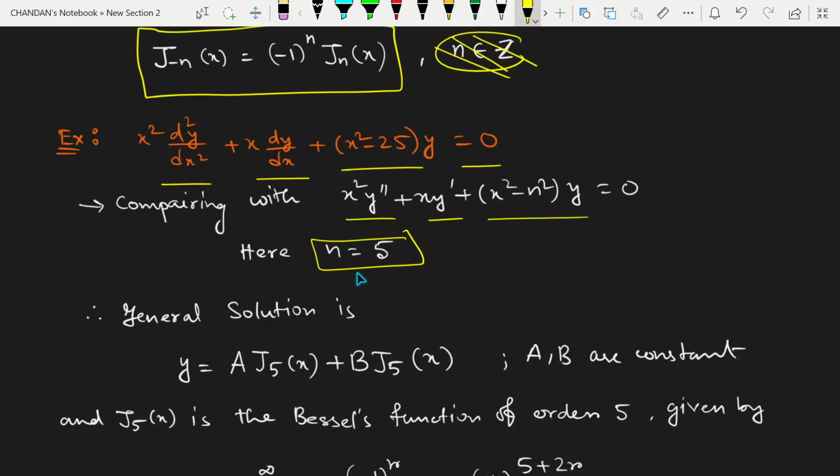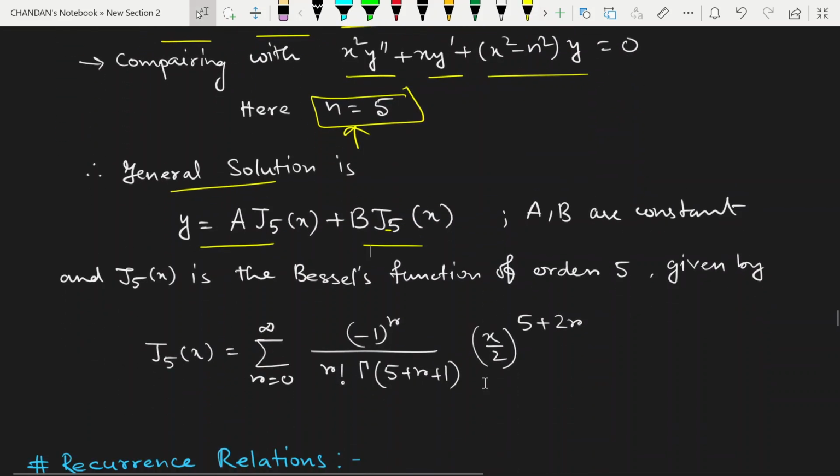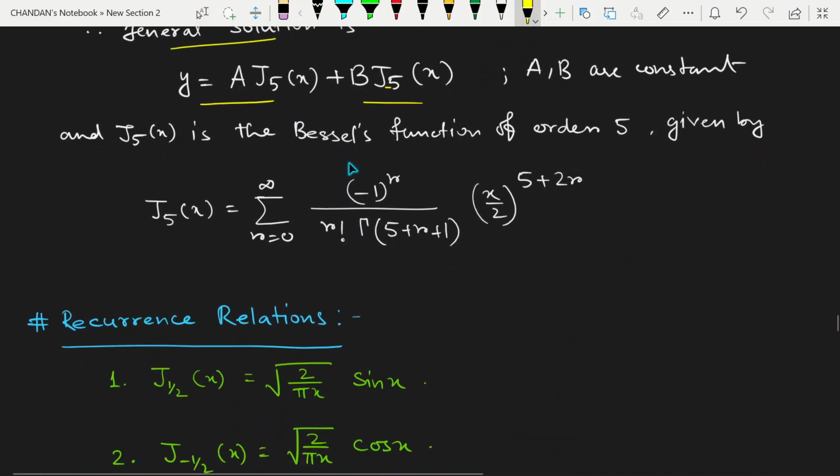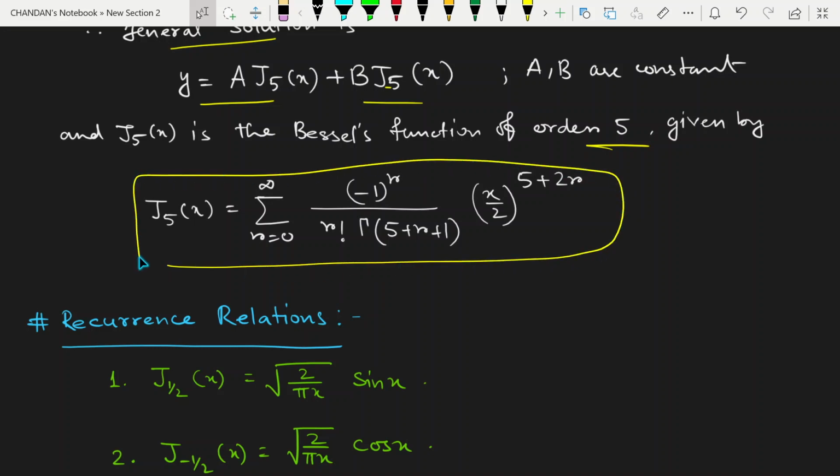That is, this gives the order of the Bessel differential equation. Therefore the general solution of this differential equation is given by a J5(x) plus b J minus 5(x), where a and b are constants, and J5(x) is a Bessel function of order 5, given by this function. And for J minus 5(x), we simply replace 5 by minus 5.